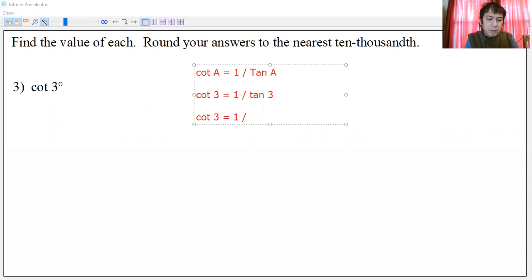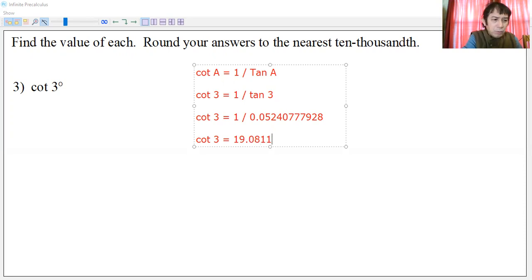So let's find tangent of 3 degrees. Tangent of 3 degrees is 0.0524077798. And then the answer will be 19.08113669.